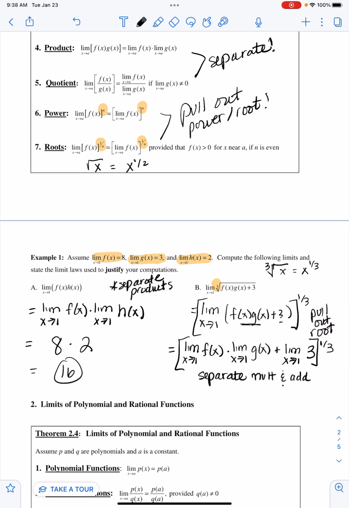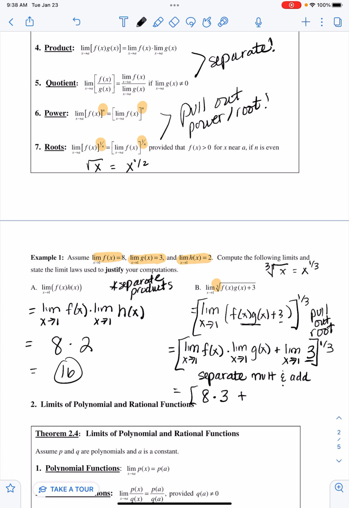Okay. All right, at this stage, we should be ready to evaluate our limits. So we know that the limit as x approaches 1 of this guy is 8. The limit as x approaches 1 of g of x is 3. Okay, so this one, the limit as x approaches 1 of 3. Okay, so think about that. That would be a horizontal line.